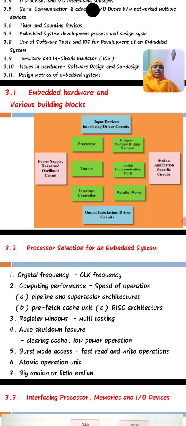The second block is the clock, oscillator and clocking units. The clock controls the time for execution of an instruction, right? Each instruction will be executed in one clock cycle. A processor needs a clock oscillator circuitry.